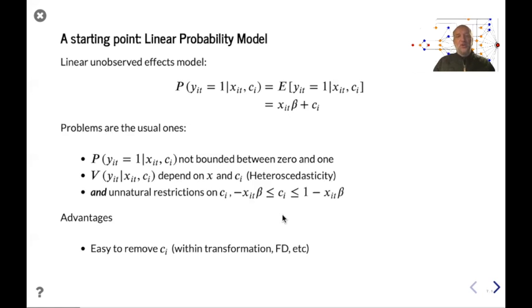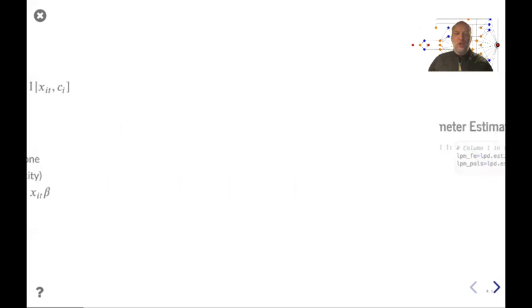That could still be a good idea for other reasons, like serial correlation in other terms, but it's really easy to get rid of c. Just take first differences, or do the within transformation, and there's no c left in your transformed model. You can just regress transformed Y's against your transformed X's, and you'll be fine. So that's a natural starting point.